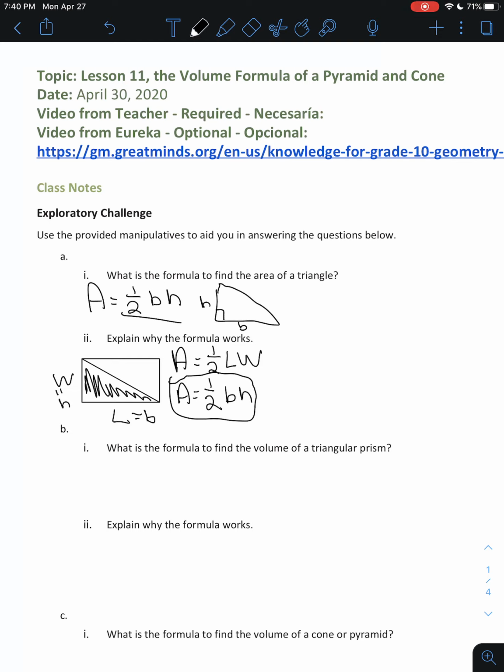What is the formula to find the volume of a triangular prism? So if you remember a triangular prism, it's a little hard for me to draw, but it might look something like this. You kind of have a triangle as a face, and then remember it's a three-dimensional shape, or a solid.